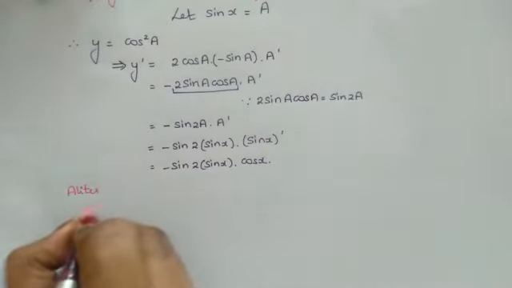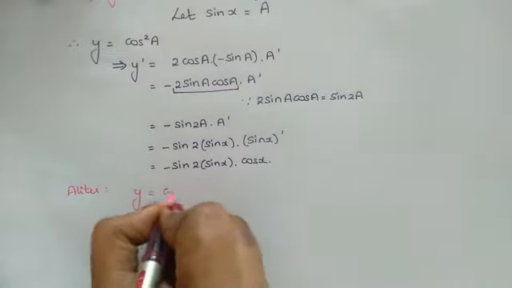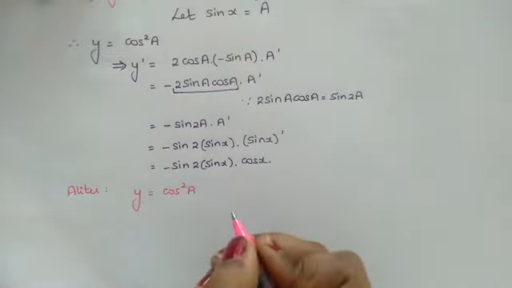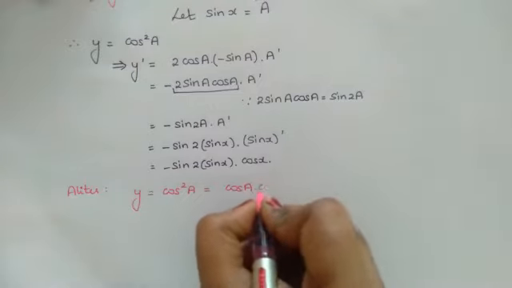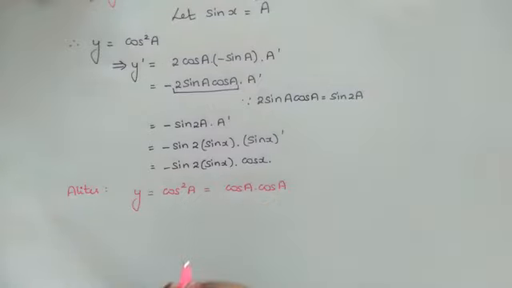We are having y equals cos square A. This can be written as cos A into cos A, a very simple way.